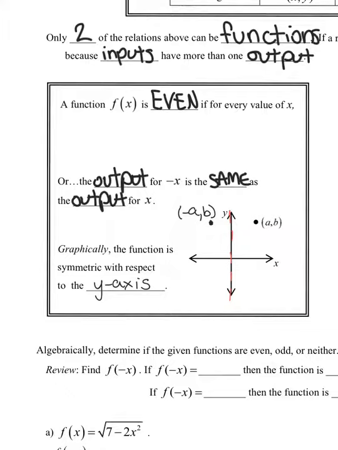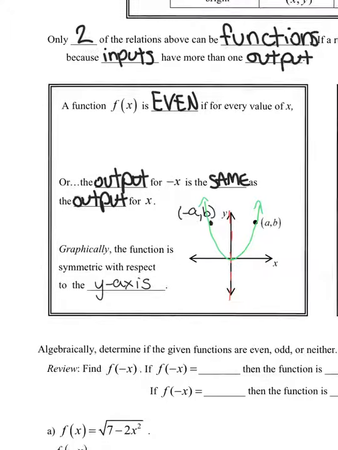Graphs that might look like this are parabolas. Some parabolas have symmetry with respect to the y-axis, along with other things we've seen in chapter 1. So an even function is symmetry with respect to the y-axis.